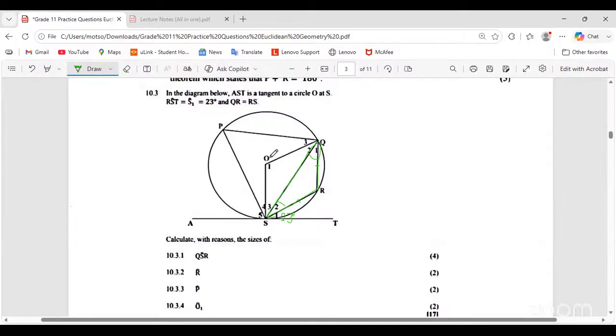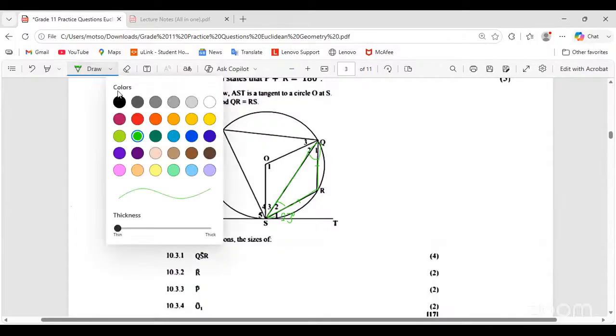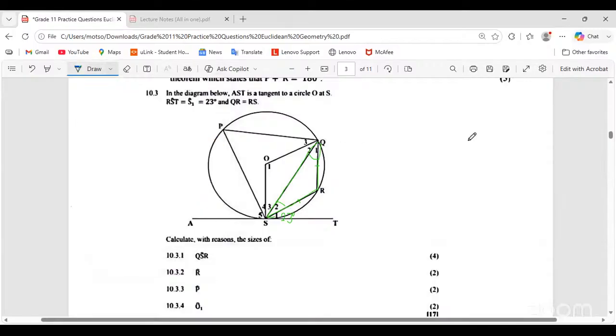Now we are done using the information that we are given. Let's use our technique, DRCPT. D, diameter: there is no diameter in the diagram. R, radius: OS is the radius, OQ is the radius. Therefore, OS is equal to OQ, radii.